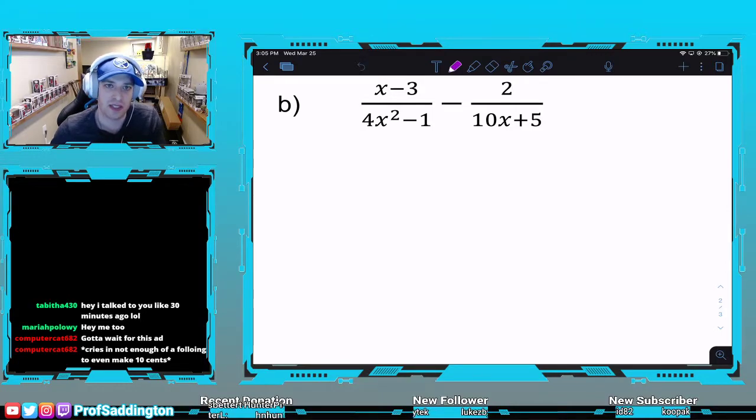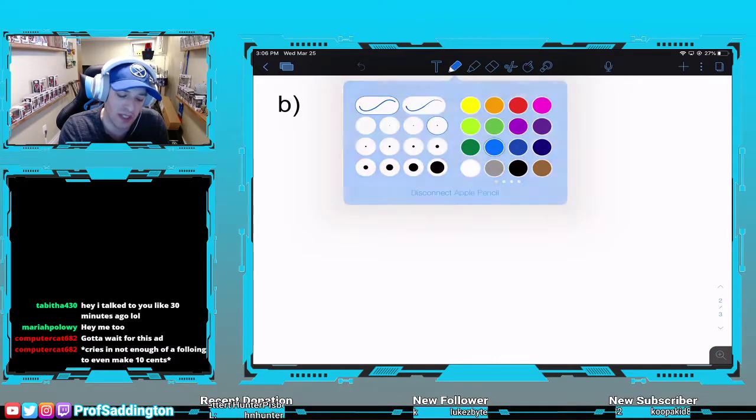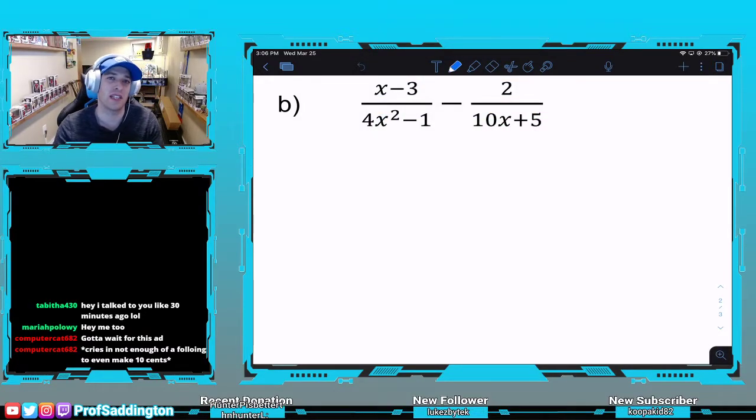So it says that we have those 2 fractions. Just like yesterday, what we want to do is make sure that we have an LCD. You have to have a common denominator in order to combine fractions, whether it's adding or subtracting. So in order to get there, we said yesterday that we can't find an LCD unless the denominators are factored first.